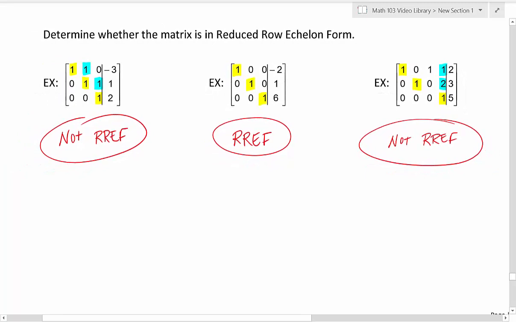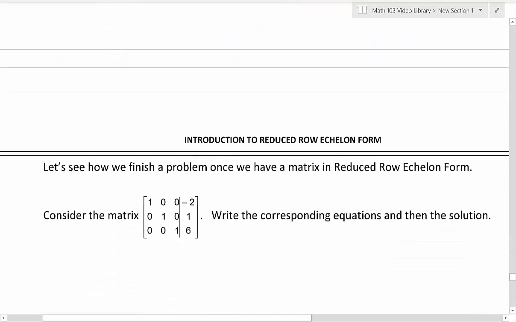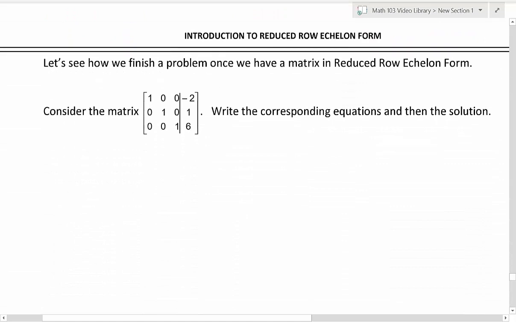Now that we know how to identify a matrix in reduced row echelon form, let's talk about how to finish a problem once we have a matrix in reduced row echelon form. So consider this matrix we have in reduced row echelon form. We're going to write the corresponding equations, just like we did with row echelon form.